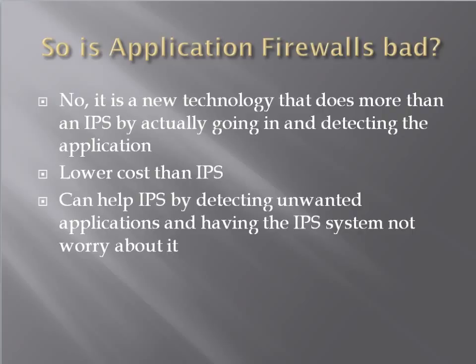Those two combined will fully secure the network: IPS stopping exploits while the application firewall detects the application. It's a really good combination, it has a lower cost, and it's a new technology.